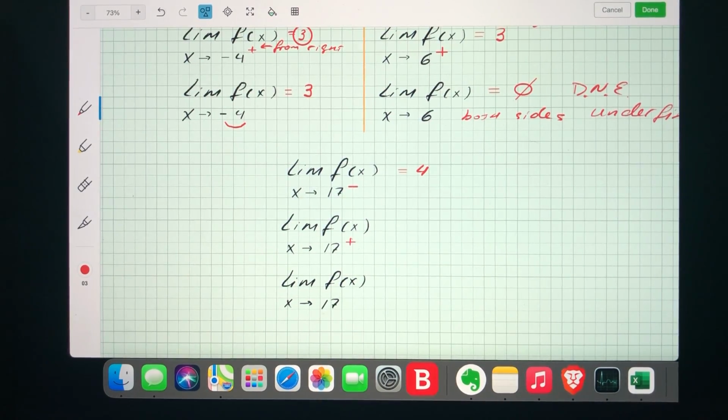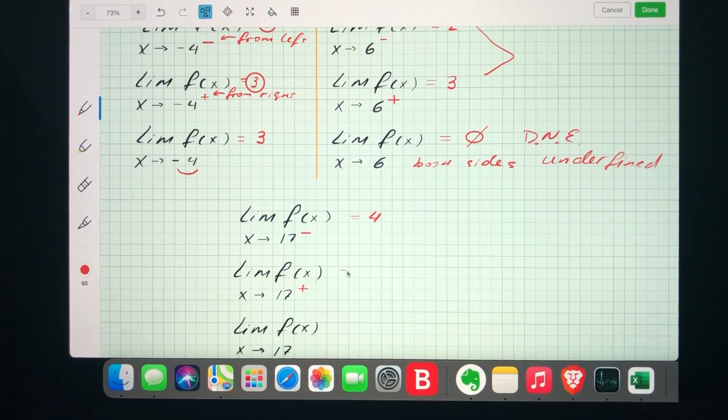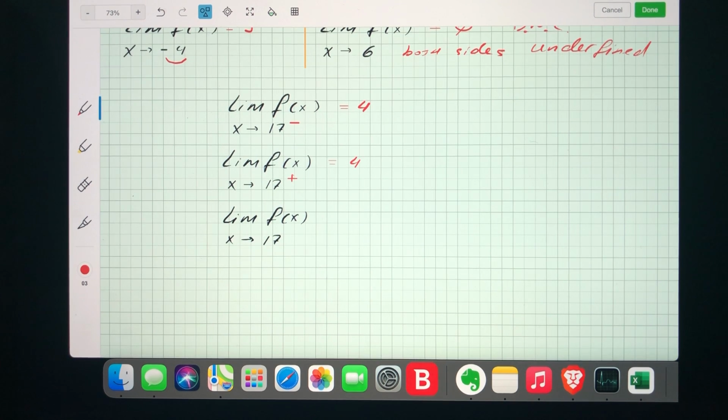From the right side, as we're going from this side, we're traveling on the same curve and we're also getting to the same height, which is also equal to 4. And from both sides there is no plus or minus. This is from both sides. Left side and right side equal each other, which means from both sides it also equals 4.